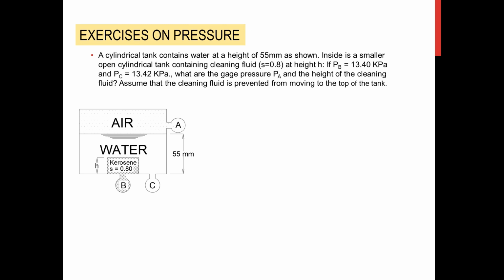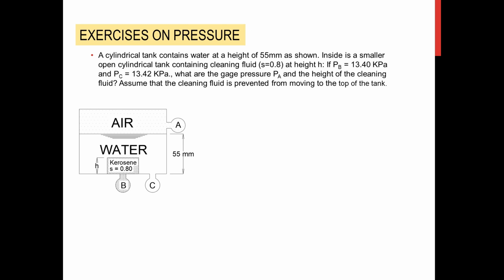A cylindrical tank contains water at a height of 55 mm as shown. Inside is a smaller open cylindrical tank containing cleaning fluid with specific gravity of 0.8 at height h.